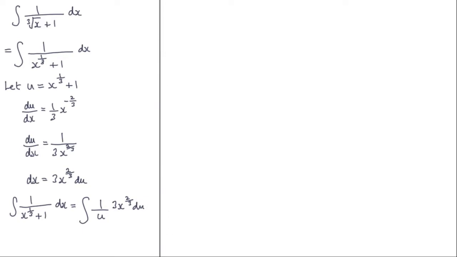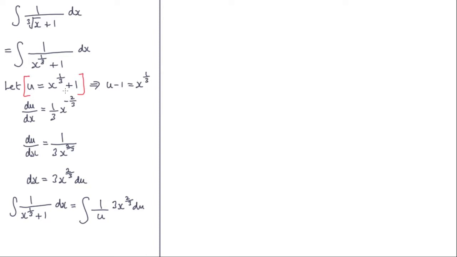Now we still have a problem that we've still got an x term here, and we want this to be a u term. But if you notice up here where we made this u substitution, from that we can say that u minus 1 is equal to x to the power of 1 over 3.